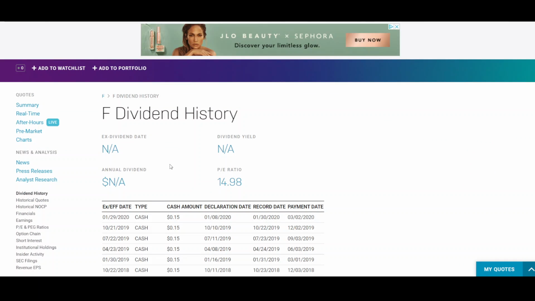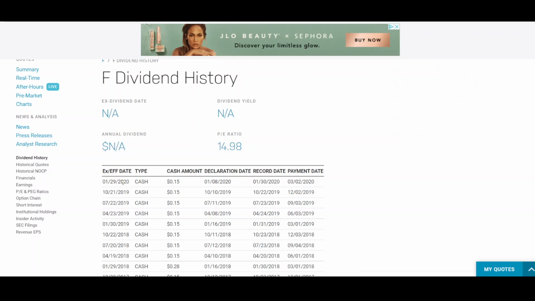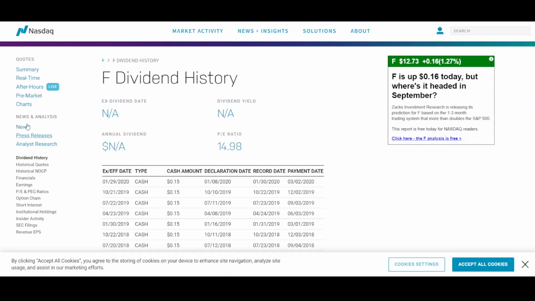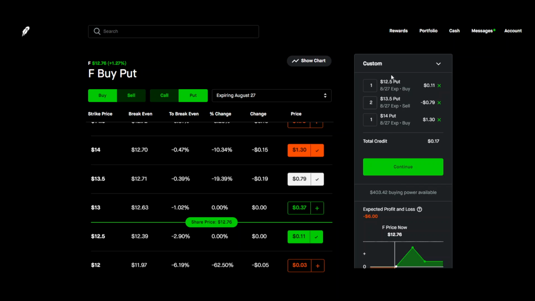So let's look at dividends. Okay, so the last dividend was in 2020, so the ex-dividend date is not available, so they are no longer doing dividends. So anytime you sell something in an option, then there is risk of assignment when you get close to the dividend date. So we want to make sure that there's no dividend date near us to be assigned through. So we come back here, and we're going to copy this whole trade right here on OptionStrat.